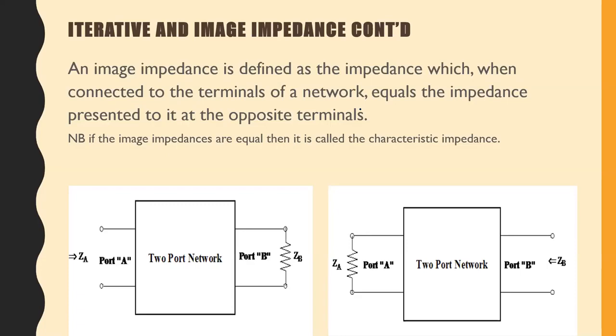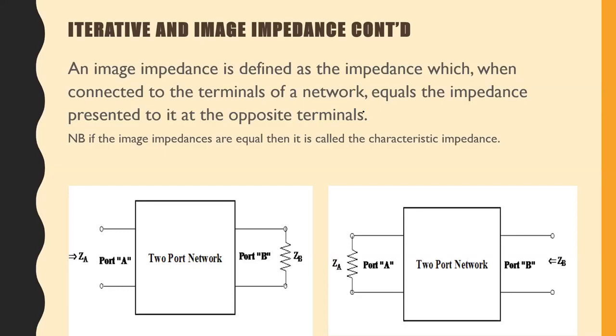If 100 is connected to B, I get 400 at A. Then when I connect 400 at A, I'm going to measure 100 at B. So ZB is 100, based on the example I just gave you.